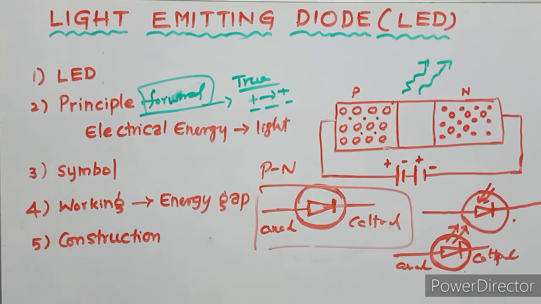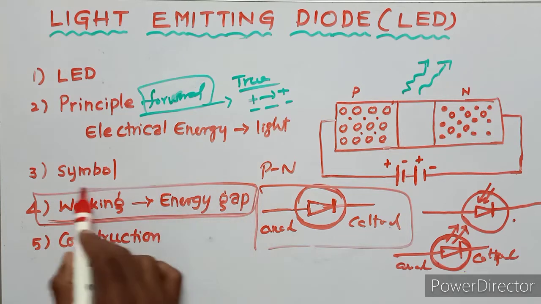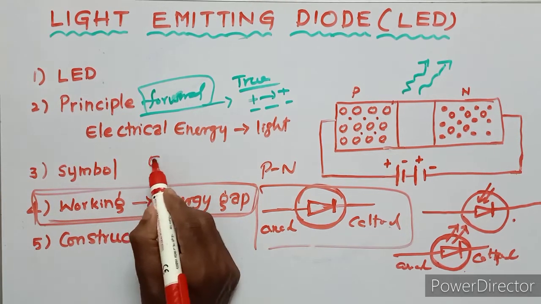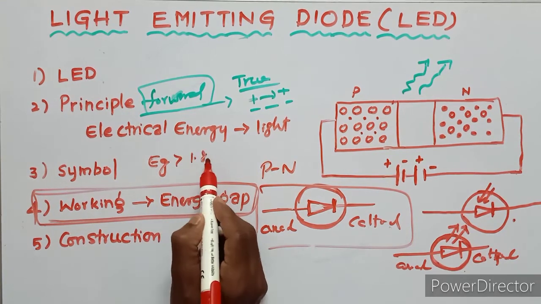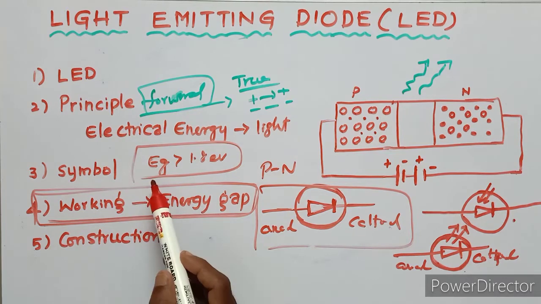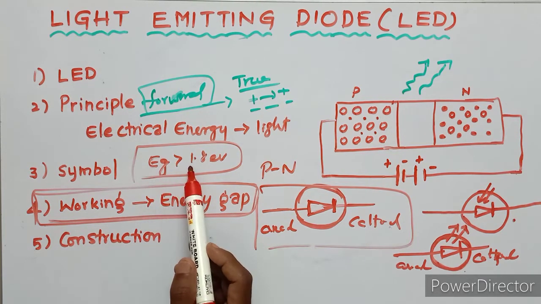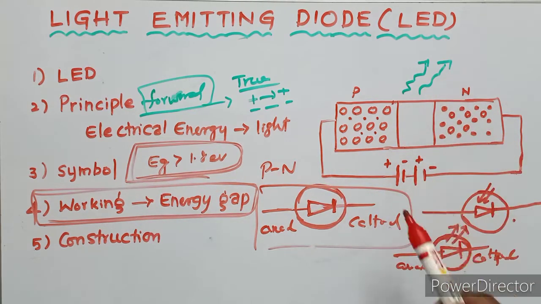Next, working and energy gap. Here, very important, energy gap. The energy gap is greater than 1.8 electron volts. If the energy gap is greater than 1.8 electron volts, then the light is visible.